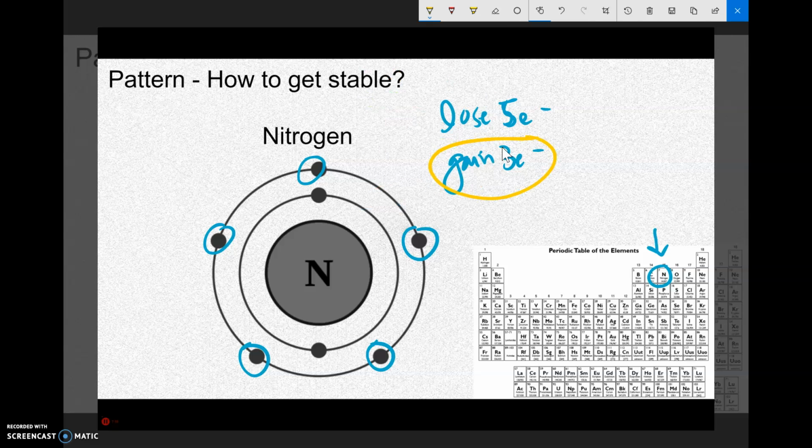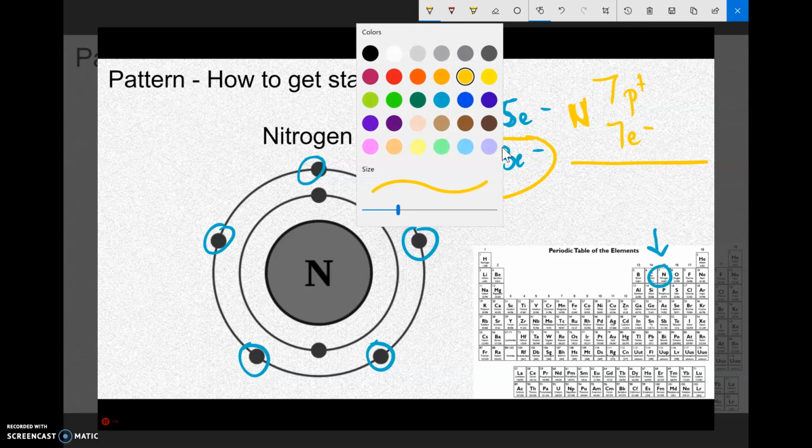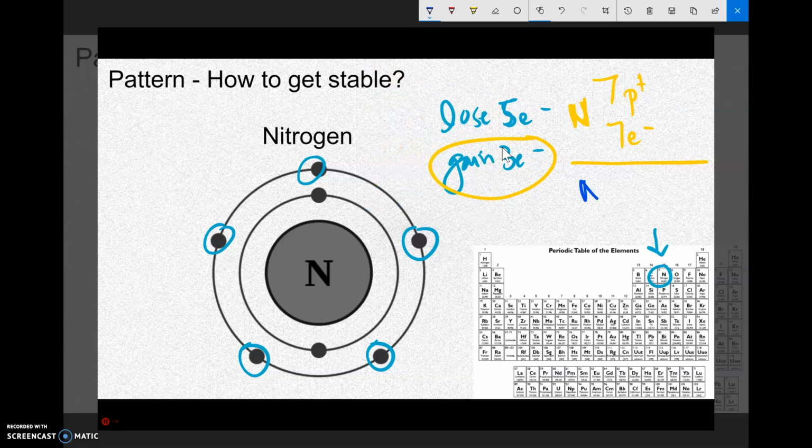So let's just break this one down. Nitrogen has 7 protons, and it also has 7 electrons when it's neutral, when it's just nitrogen like this. When we're dealing with charges, nitrogen still has 7 protons, right? But now we're going to gain 3 electrons.